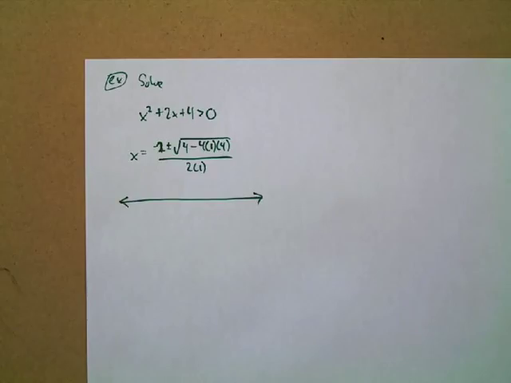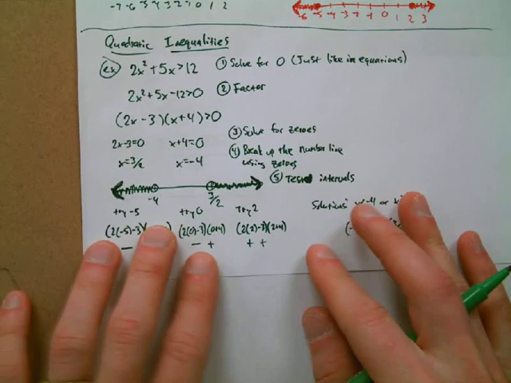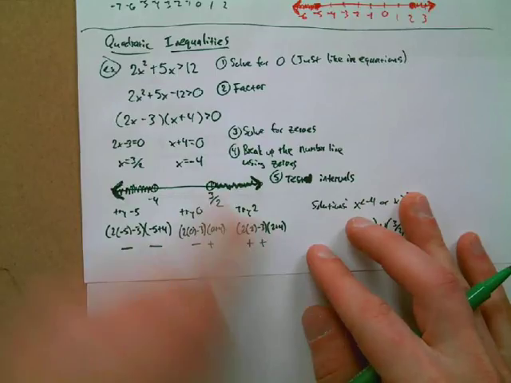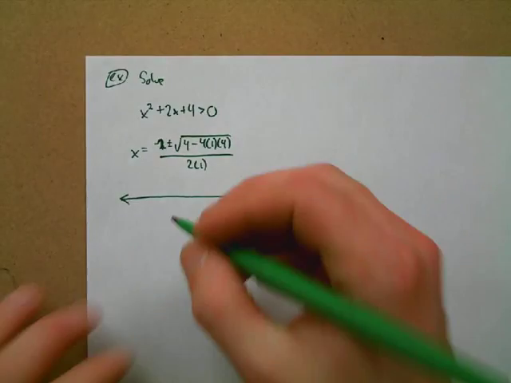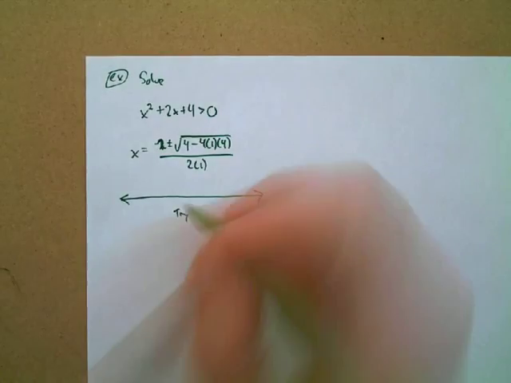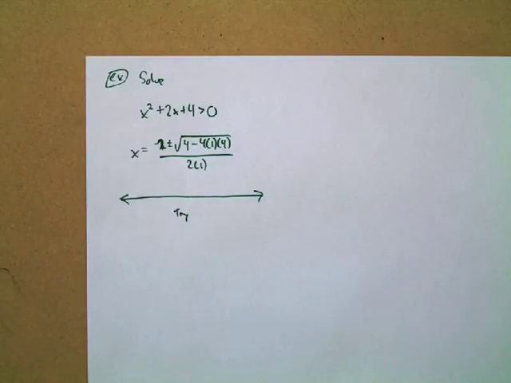So what would be a good number to pick to try on this number line? What number should we guess here? Any number you want. 1, okay, 1. Or 0, that'd be a good one too. So we're just going to try 1. We plug 1 in: 1 squared plus 2 times 1 plus 4. Is that greater than 0?